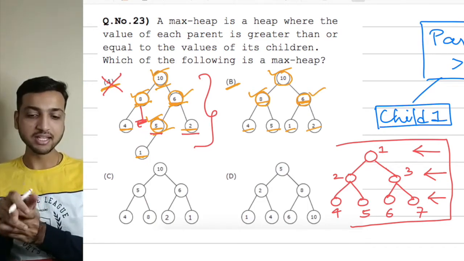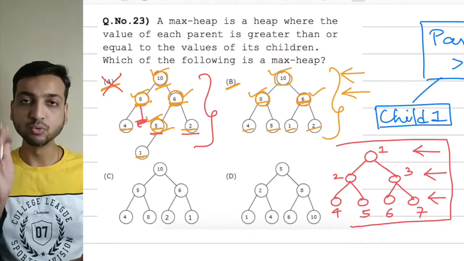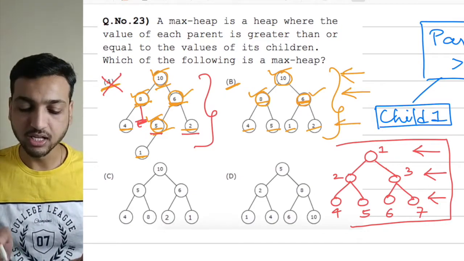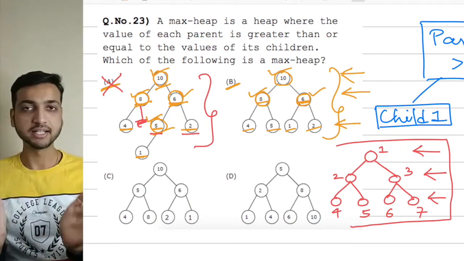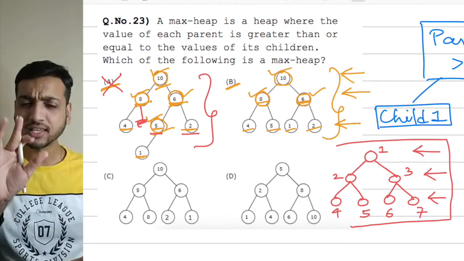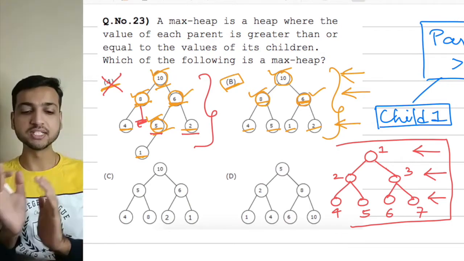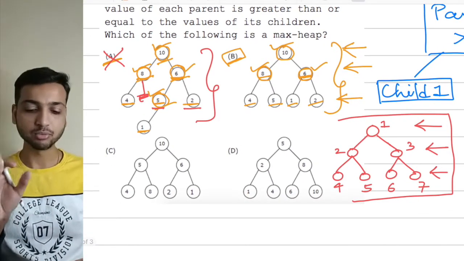And we can also see that this max heap satisfies the level order filling property. The nodes are always inserted in a level order way, so this is also satisfied here. So option B clearly looks like the correct option in this entire question. However, let's just mark it as a probable option, and let's go to C and D and confirm that C and D are definitely incorrect.